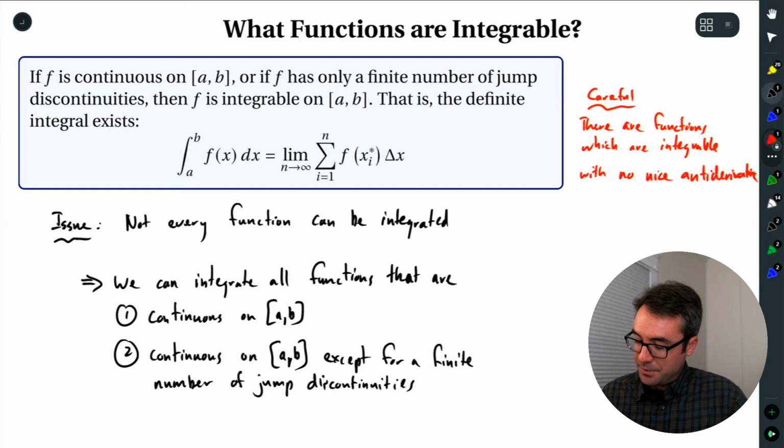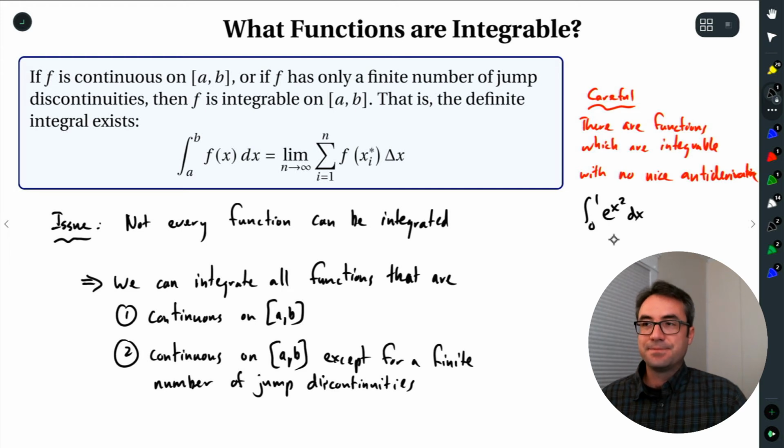So a little example, the integral from 0 to 1 of e to the x squared dx. Technically, e to the x squared is a continuous function, so we should be able to do this. So this is an integrable function on the interval from 0 to 1. But it turns out e to the x squared doesn't have a nice antiderivative.